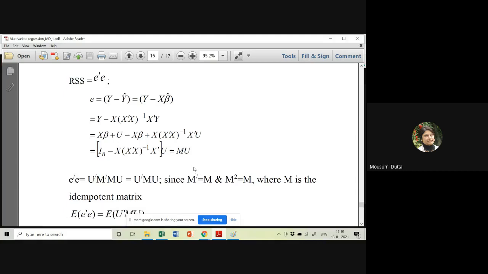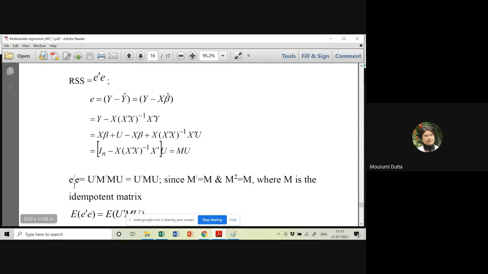Now, if M is an idempotent matrix, that implies M transpose is equal to M square is equal to M cube is equal to M, etc. This is the property of an idempotent matrix.